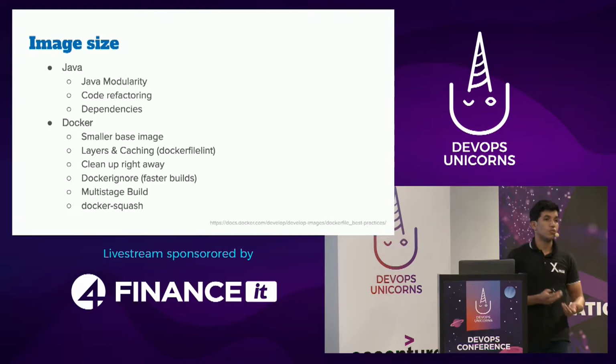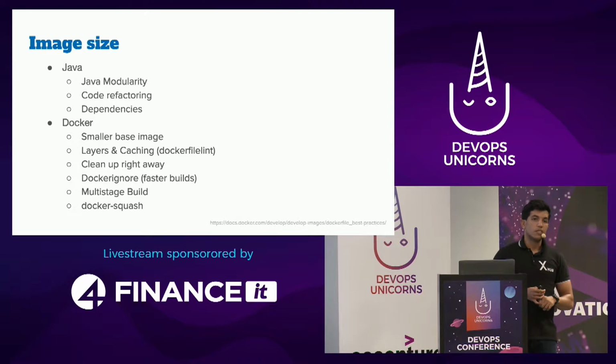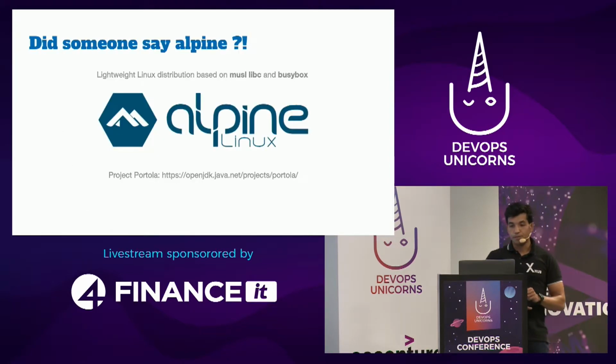And finally, using docker-squash, a utility that enables us to squash the image layers in order to generate a new image that works exactly as the original one, but with a smaller size. And there is an experimental option in the Docker command, which is --squash, which does exactly the same thing.